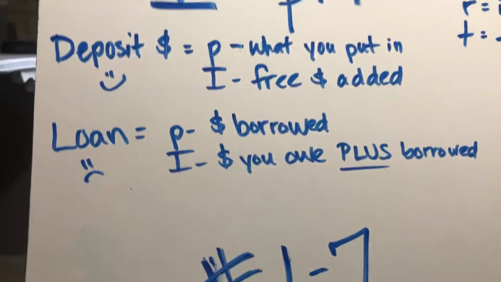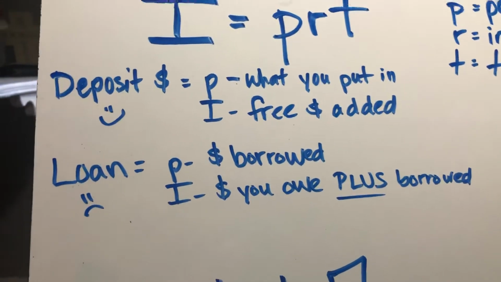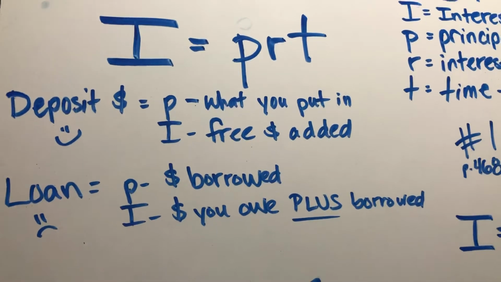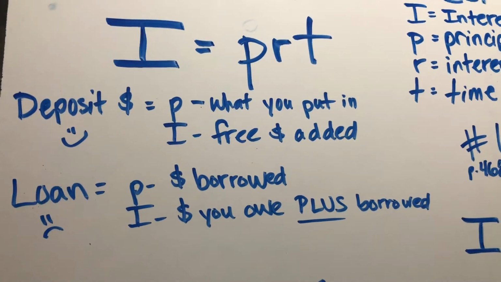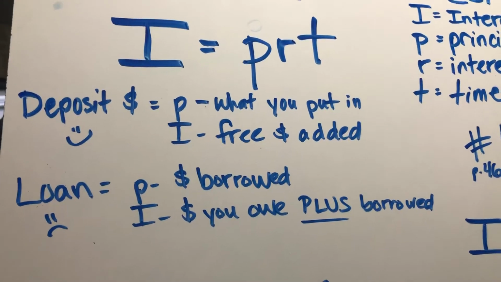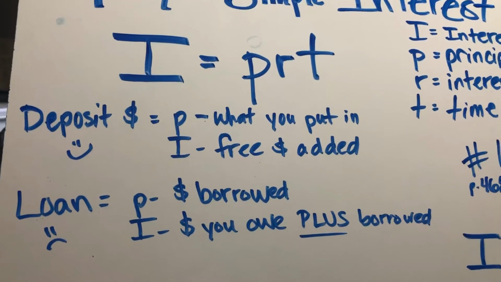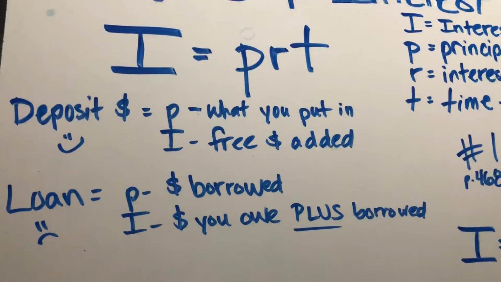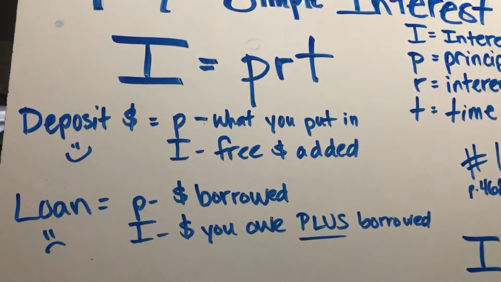Now, a loan: we have these letters meaning different things. Essentially the same, but different. In a loan, why you go to a bank or a credit card system to borrow money is because you have some sort of bill that you have to pay and you don't have the money for it, and so you need to go and borrow money, which is called having a loan. And so the principal is how much money you're borrowing.